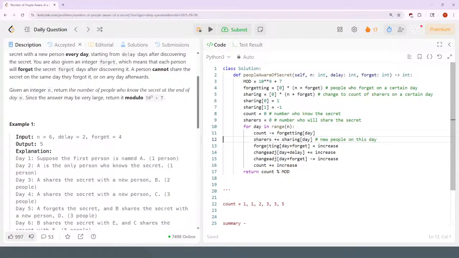The number of shares increased by the number who change that number of shares. And then forgetting, the number who will forget will be all the shares, all the current shares.